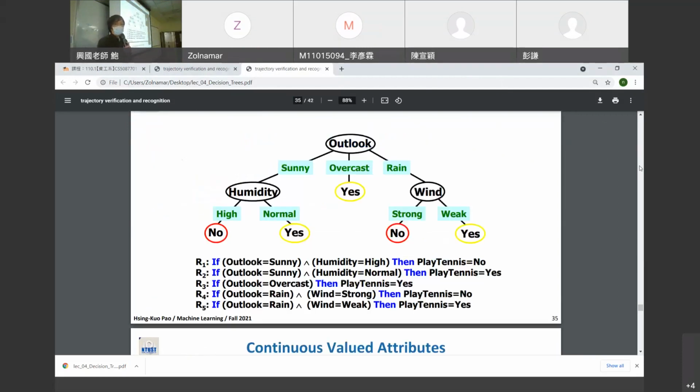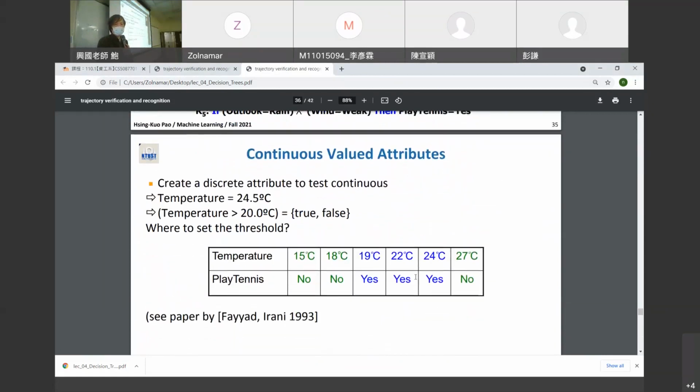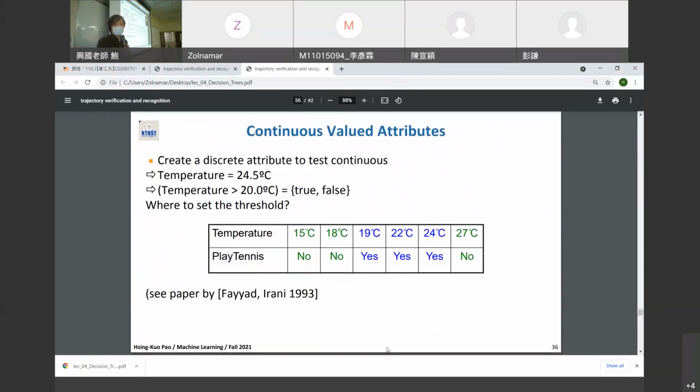Where could the cut point be? Where do you think could be a good cut point? Maybe right here, and also here.